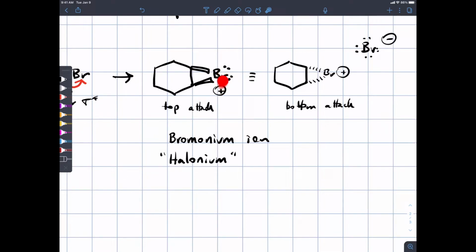Nevertheless, you've got a positive charge on bromine, and so the carbon-bromine bonds in the bromonium ion are weaker than a regular carbon-bromine bond would be. And so we're going to have Br minus attack from the backside in SN2 fashion and the leaving group leaves.